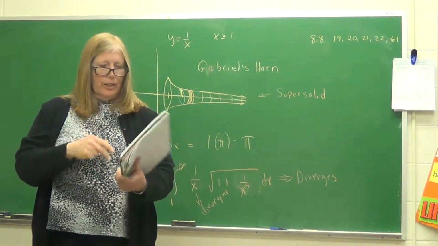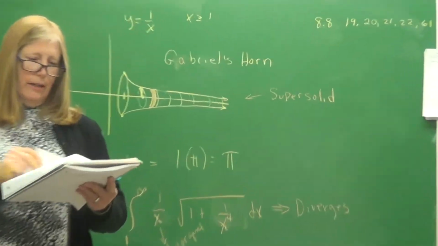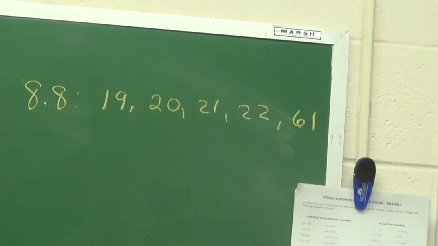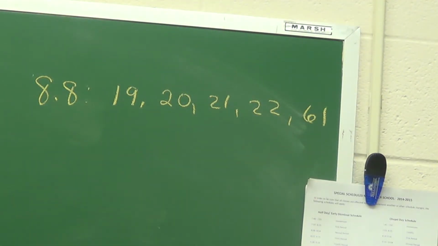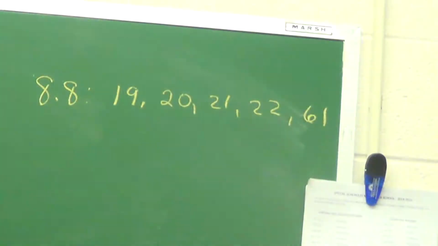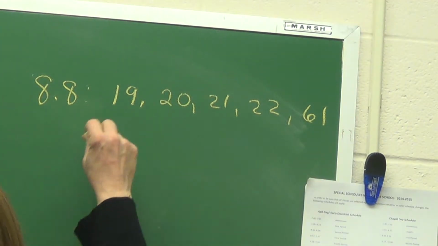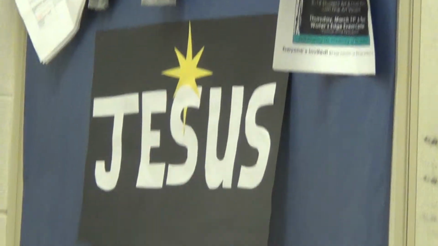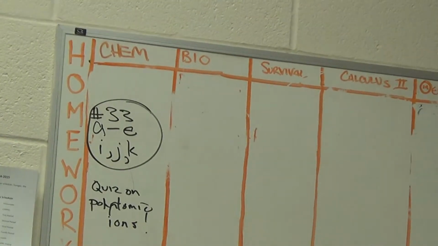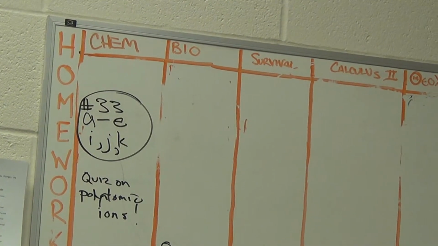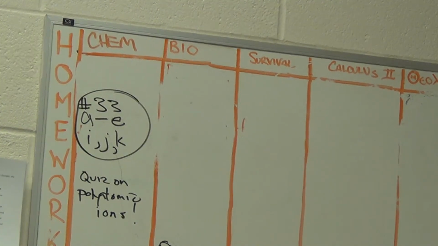And then in addition, we are going to do 75, 76, 77, and 78. I picked those because they have pictures.